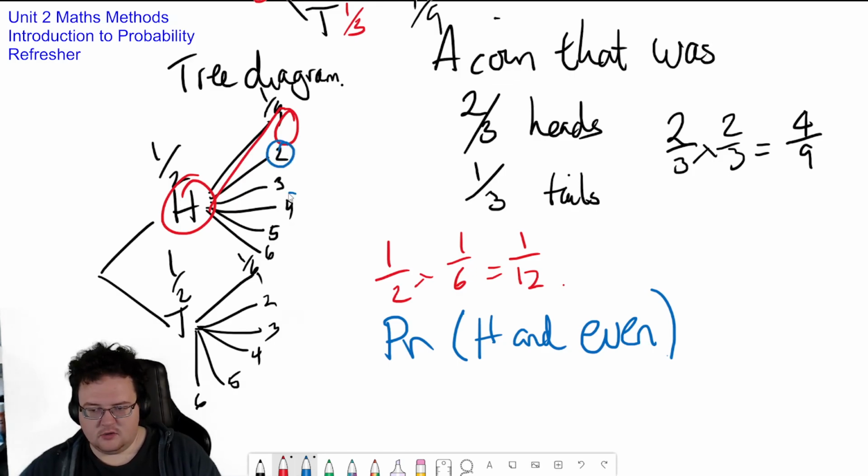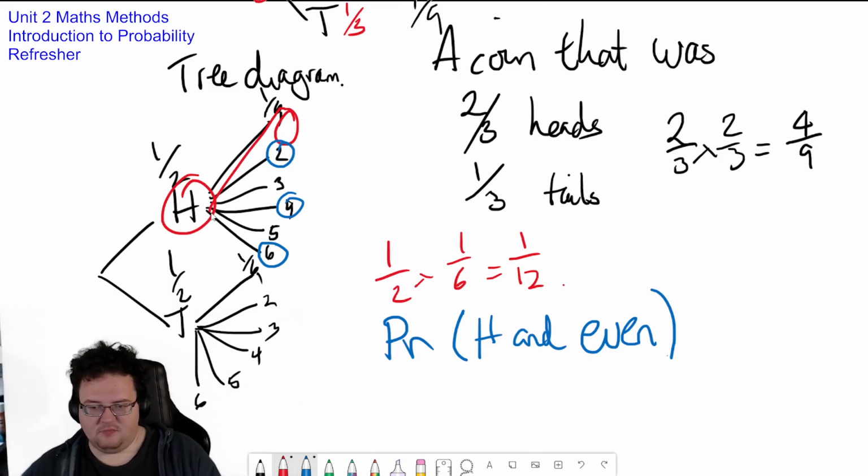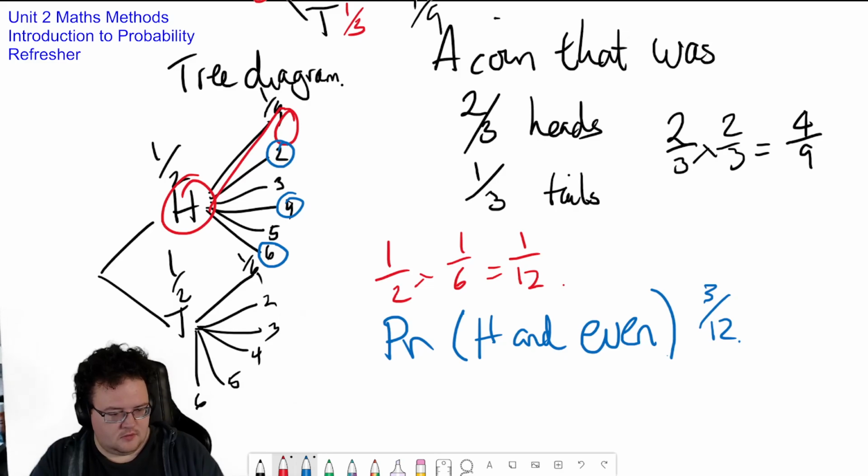We're talking about 2, 4, 6. So what you're going to do is add up the probability of a heads and a 2, a heads and a 4, and then a heads and a 6. And that's going to be 3 out of 12. All right.